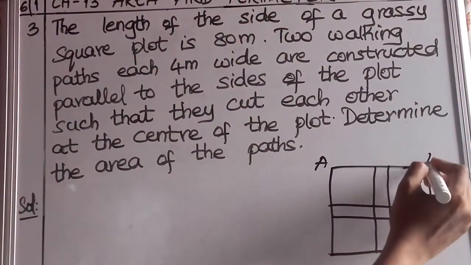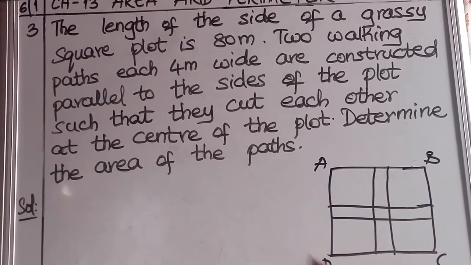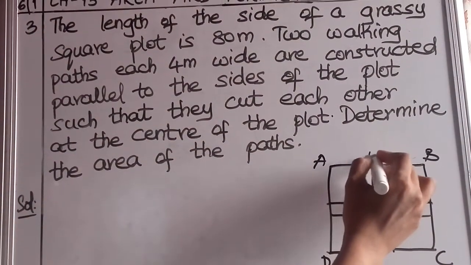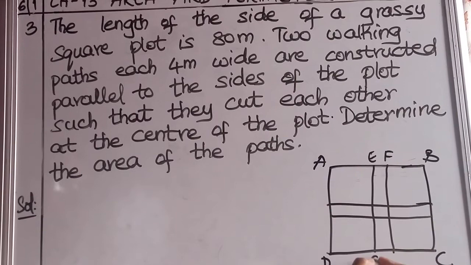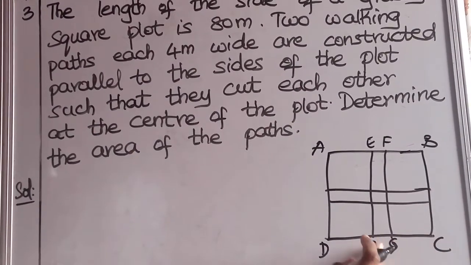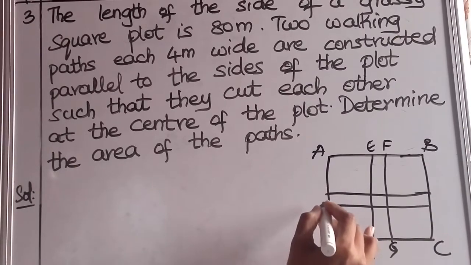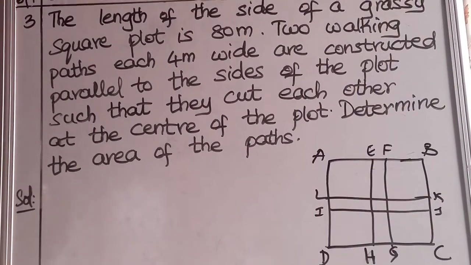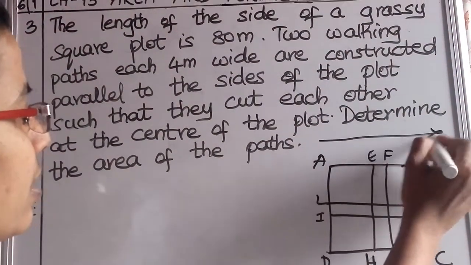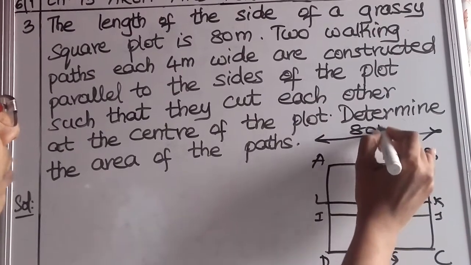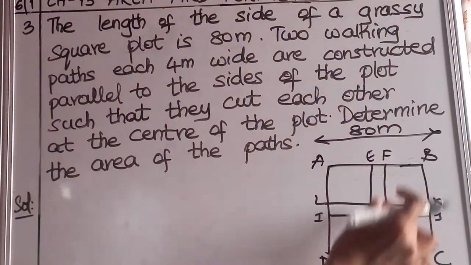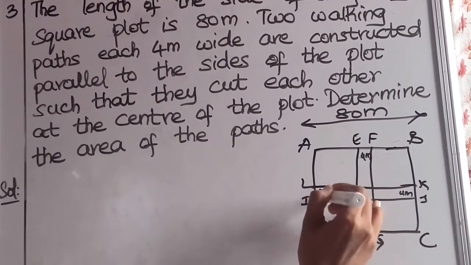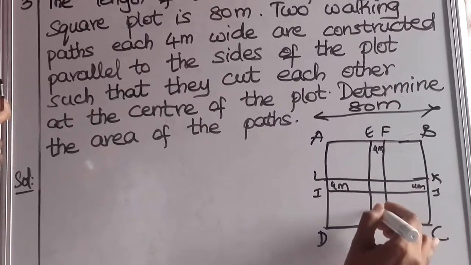So this is A, B, C, D. The next path I take it as E, F, G, H. This one I, J, K, L. This whole length, you know that it is 80 meters. This path is 4 meters, all these paths are 4 meters.